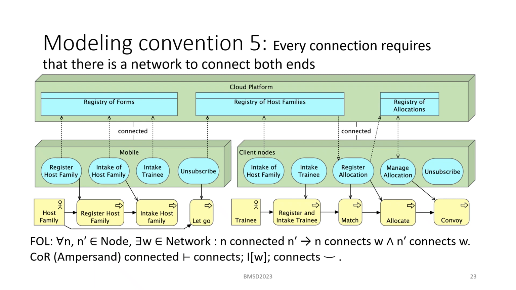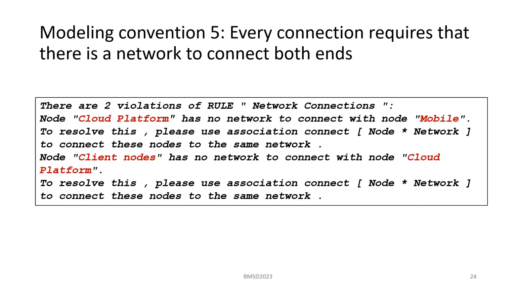Modeling convention 5 is to visualize the networks that connect technical nodes. It is a good reminder. Every connection requires that there is a network to connect both ends. Two violations have been spotted: between the nodes cloud platform and mobile, and between the nodes client nodes and cloud platform.